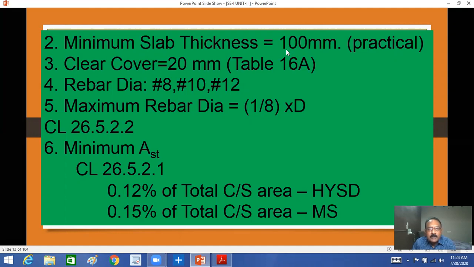But the minimum thickness we have to consider is 100 mm. Clear cover is 20 mm. So first, we have to discuss these important guidelines from IS 456.